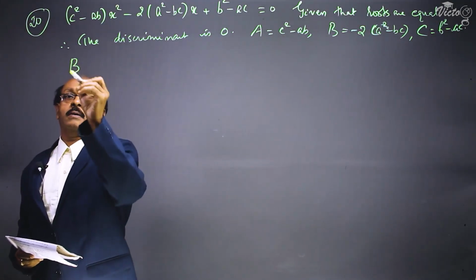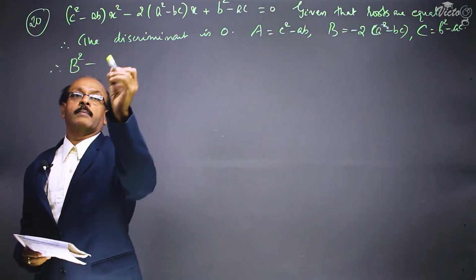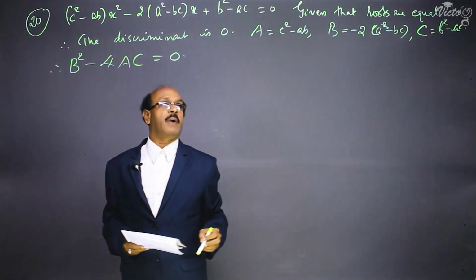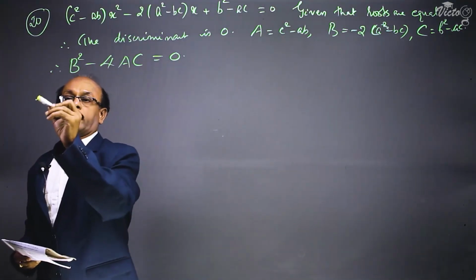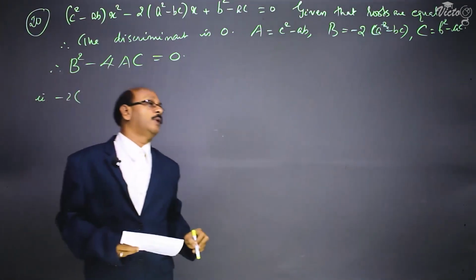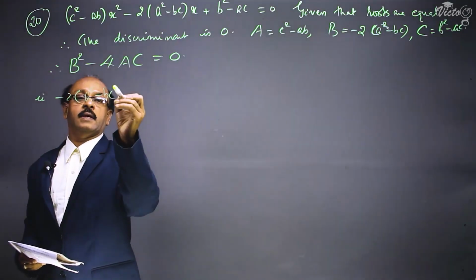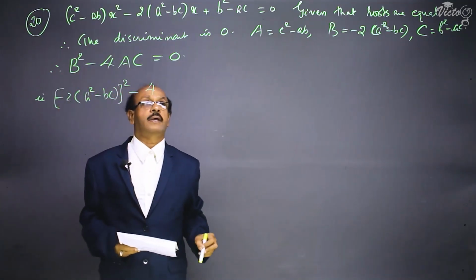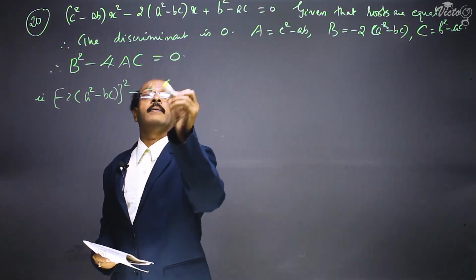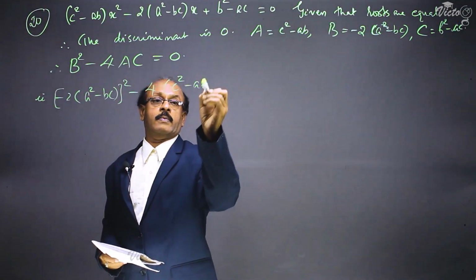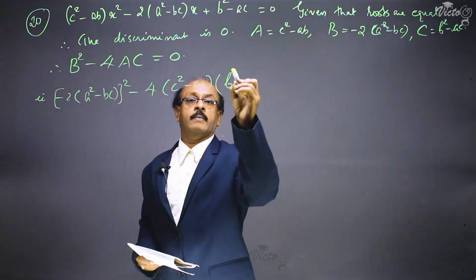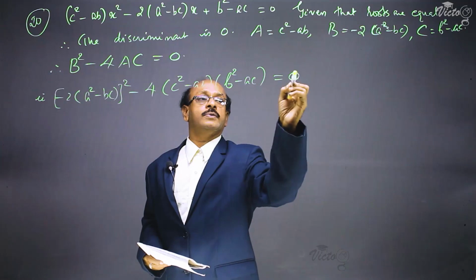That is, minus 2 into a square minus bc the whole square, minus 4 into the value of A, which is c square minus ab, into C, which is b square minus ac, is equal to 0.